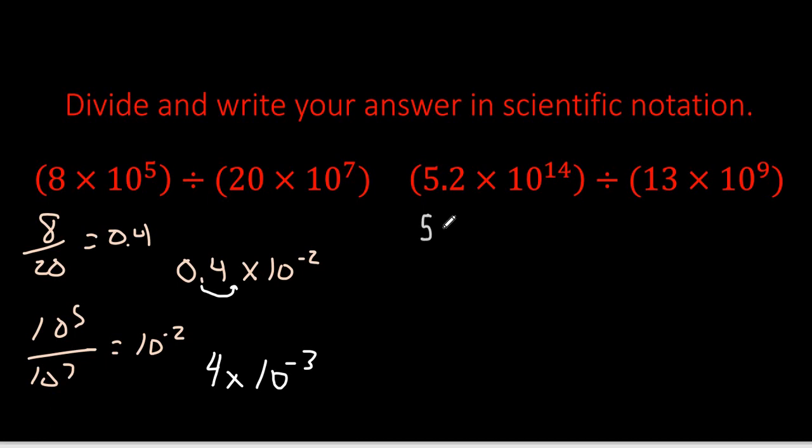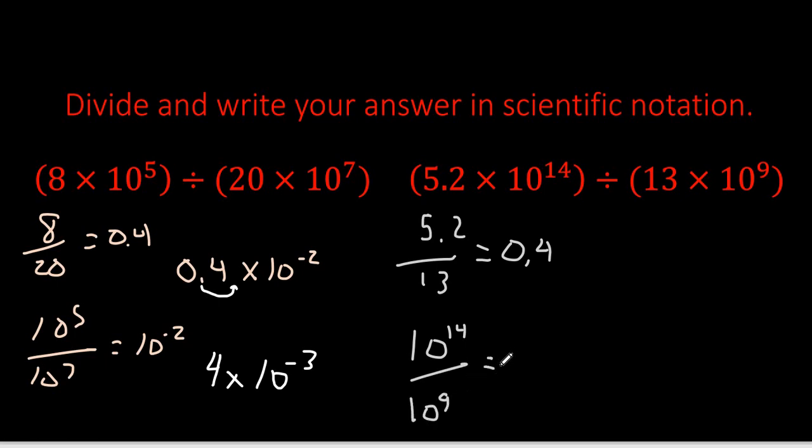And the next one, we're going to have 5.2 divided by 13. Interestingly enough, that's also 0.4. And then for the exponents, 10 to the 14th divided by 10 to the 9th. We subtract the exponents, and 14 minus 9 is 5. So we currently have 0.4 times 10 to the 5th power.